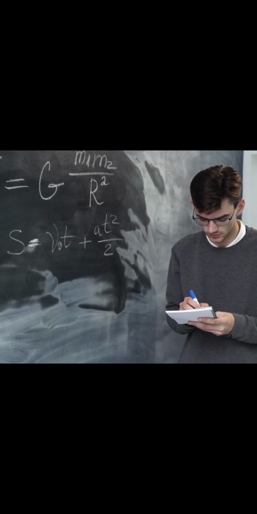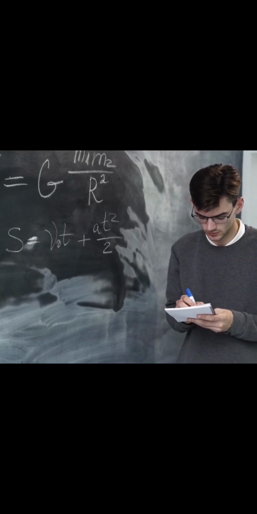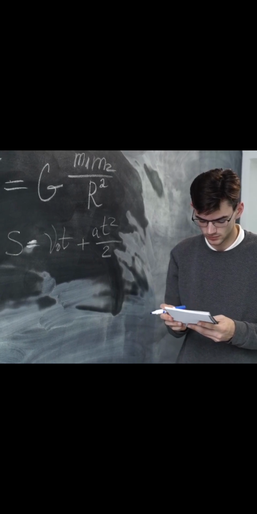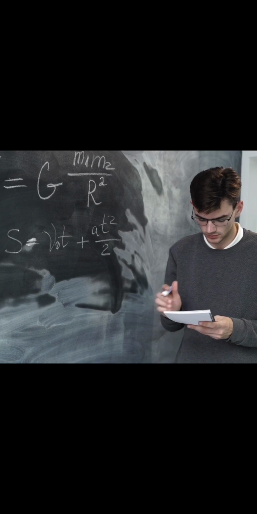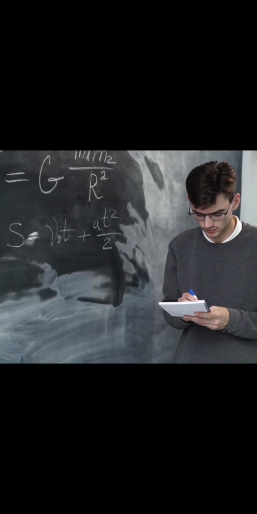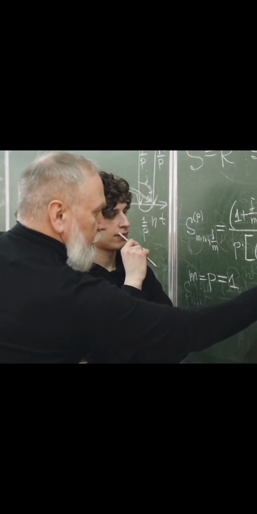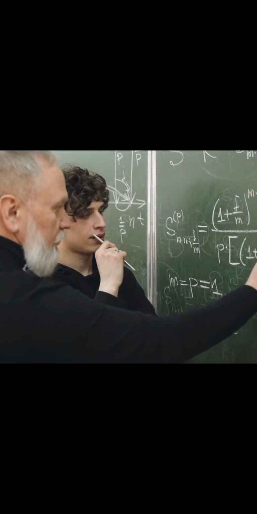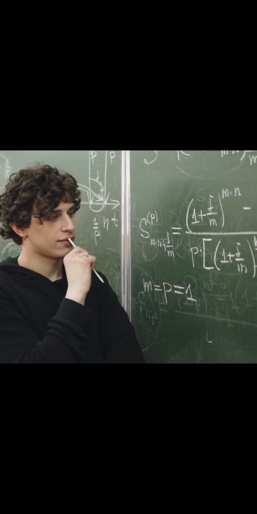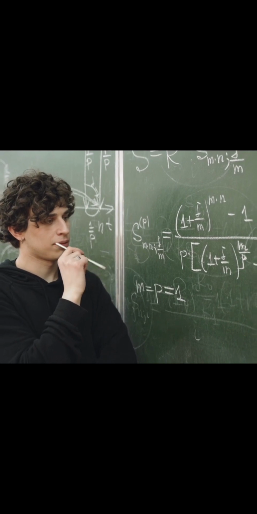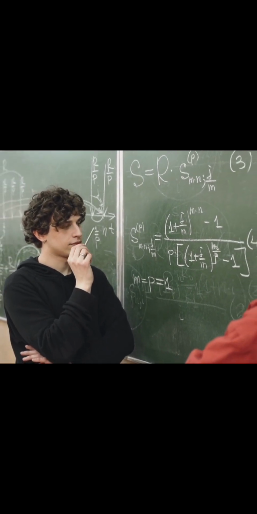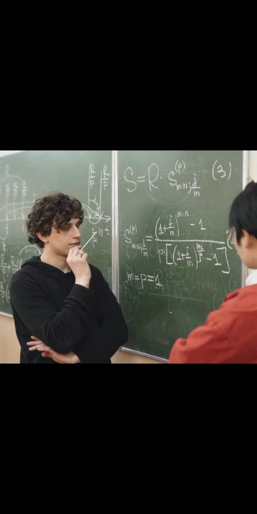The equation is v squared = u squared + 2as, where v is the final velocity of the object, u is the initial velocity of the object, a is the constant acceleration experienced by the object, and s is the displacement of the object. This equation states that the square of the final velocity of an object can be determined by adding the square of the initial velocity to twice the product of acceleration and displacement.